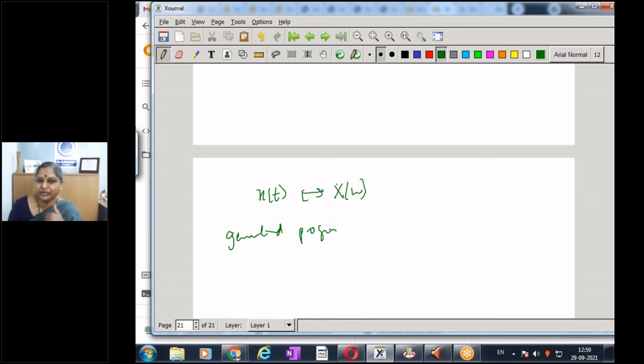If I want a generalized program to compute the Fourier transform, then I need the discrete Fourier transform, and for that we need digital signal processing. With analog signal processing, I cannot write a generalized program for computing the Fourier transform. So that becomes another course itself, the course on digital signal processing. There, give me any signal, and I can write a general program for computing its Fourier transform. Otherwise, in analog mode, I do it by pen and paper, I integrate and I get the result. So that is it.